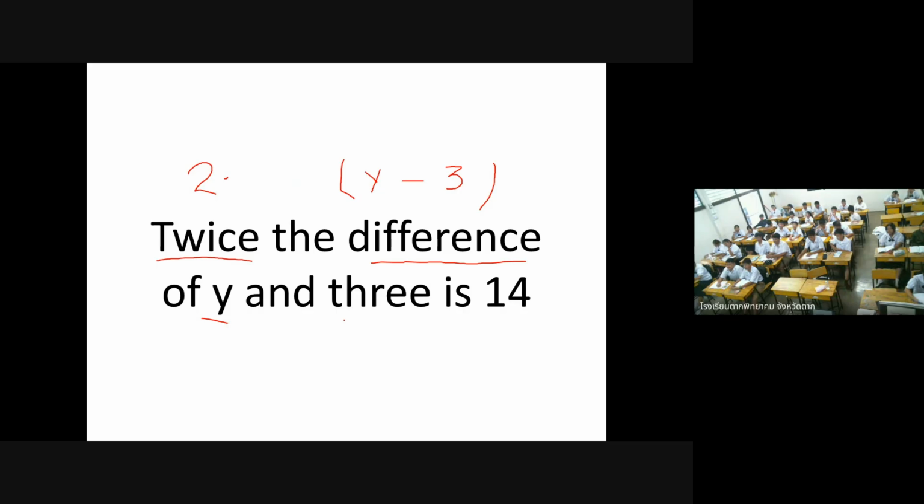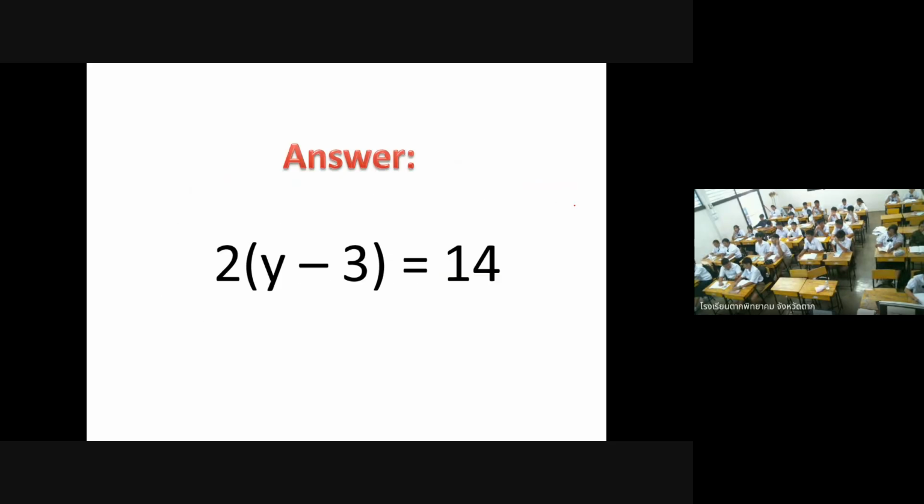The difference of y and 3 is 14. So if we have twice the difference of y and 3 is 14, that would be 2 times the quantity y minus 3 is equal to 14.